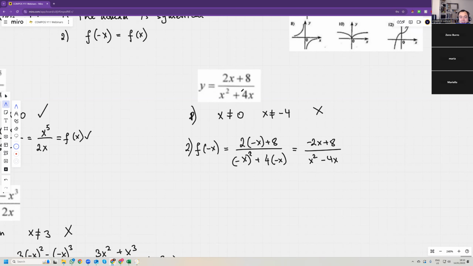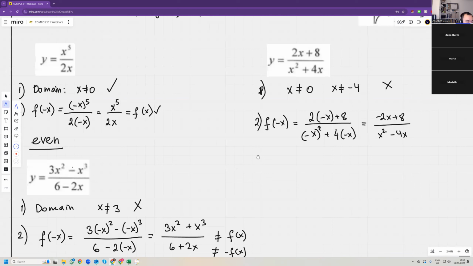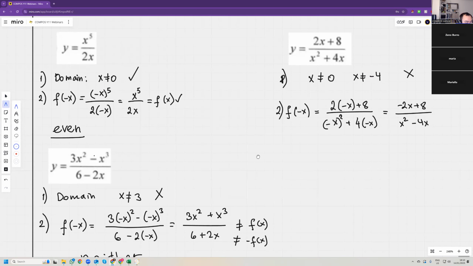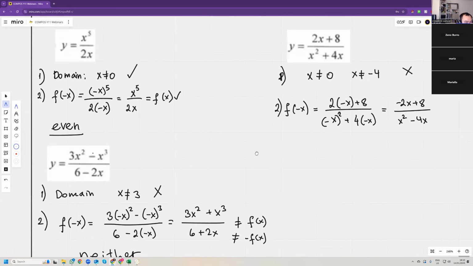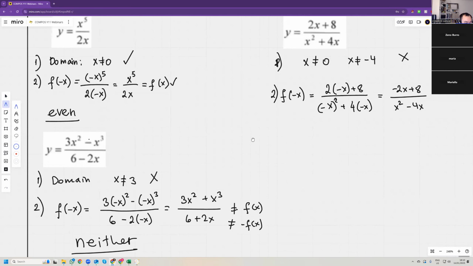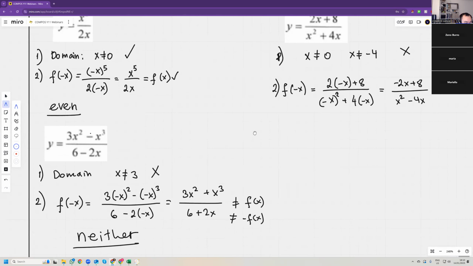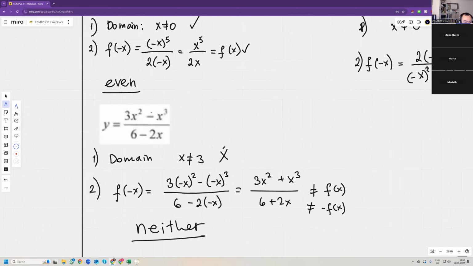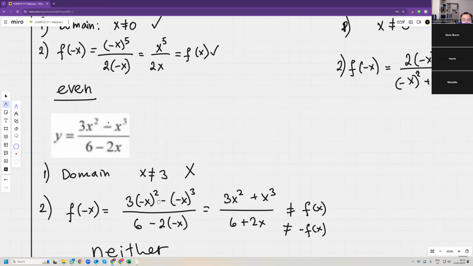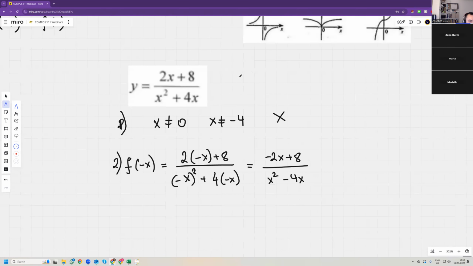Now it doesn't look like that, but actually I can do this here as well. Look, I could simplify this and just say 2x plus 4, and then x plus 4 cancels, and I get 2 over x.